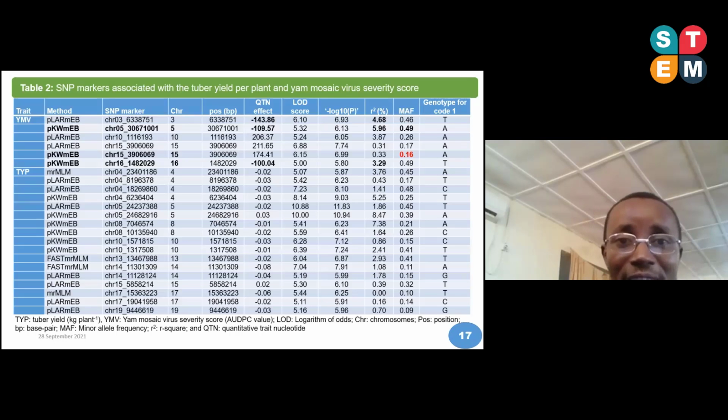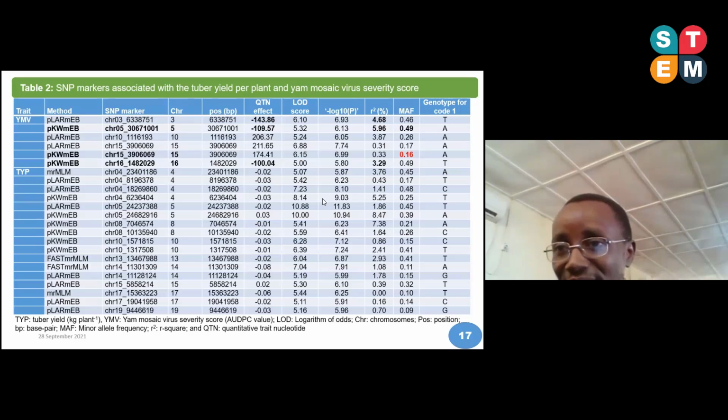So using those various multi-locus models, of the 6 multi-locus models that were used, 4 were very useful in identifying significant SNP markers for the Yam mosaic virus and that of the tuber yield per plant.